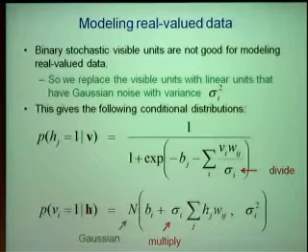And the magnitude of the offset, again, depends on the noise in that visible unit. If it's very tight, you need a lot of top-down input to move it over. If it's got a very sloppy high variance, you don't need much top-down input to move it over. And then there's this noise level in the unit. So those two conditional distributions go like that. And now we can learn with real values, where this is a real value now.